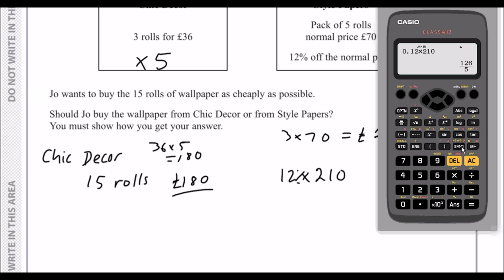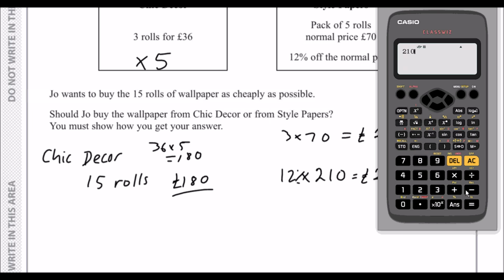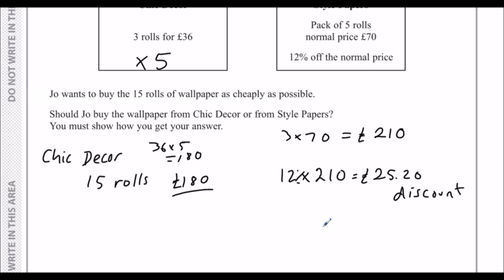It will give me the same answer. So the discount is £25.20. That's the discount. So if I take it away, it will tell me the price. So 210, take away the discount, is £184.80.